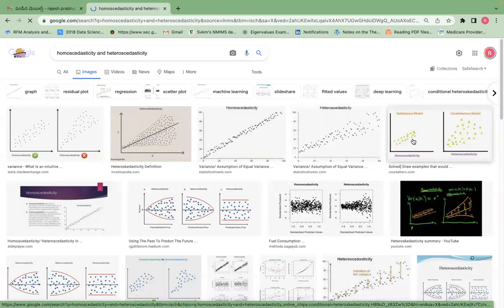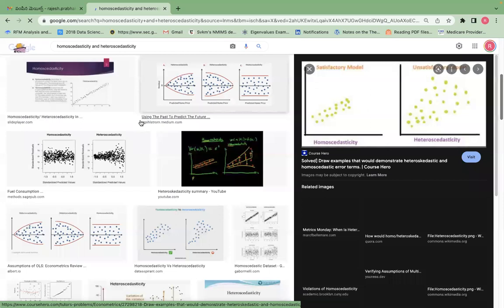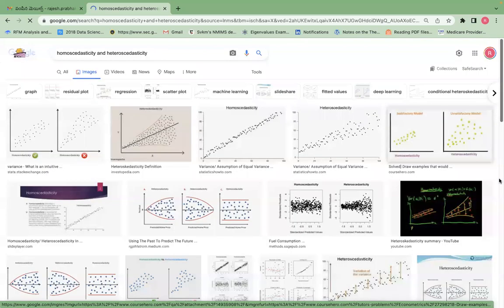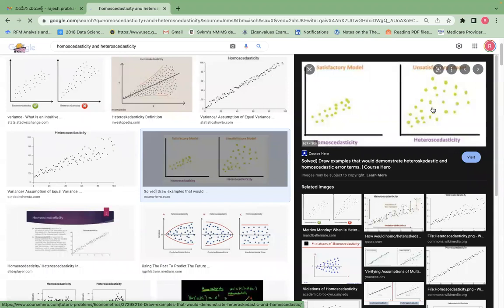A satisfactory model plot will be in a narrow range, left to right, whereas an unsatisfactory model will have what you call a flower bouquet pattern. So either the plot should look like this. This is the homoscedastic pattern. This is the heteroscedastic pattern, which is a non-satisfactory model.